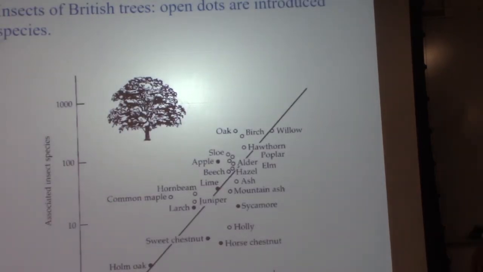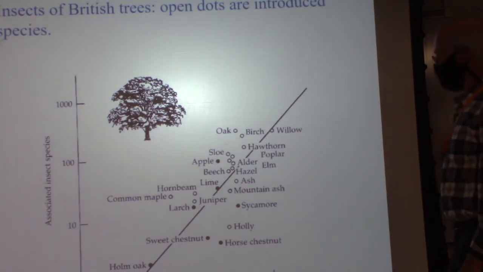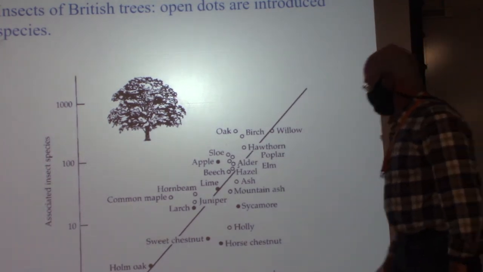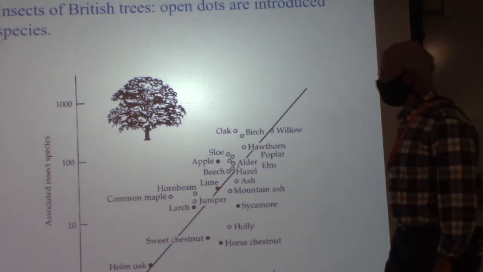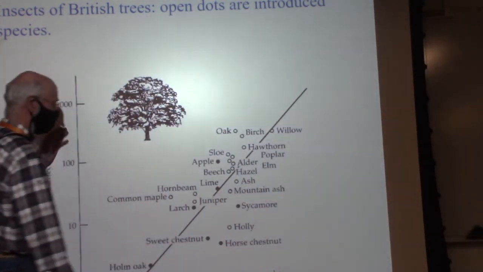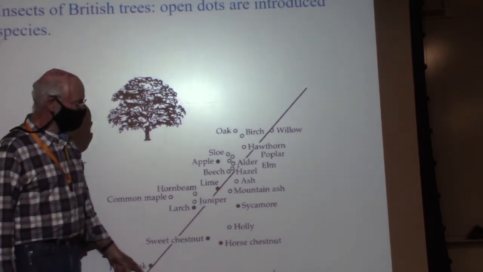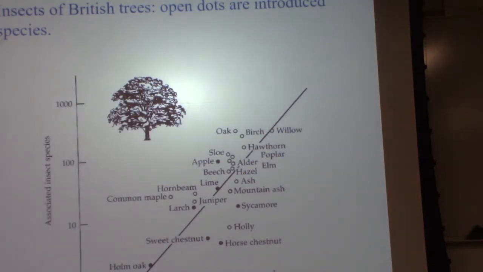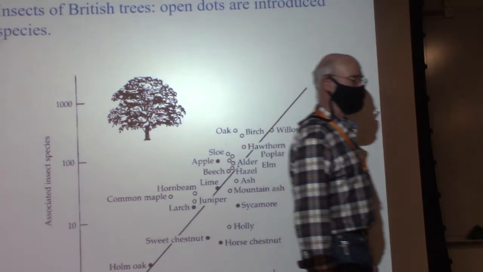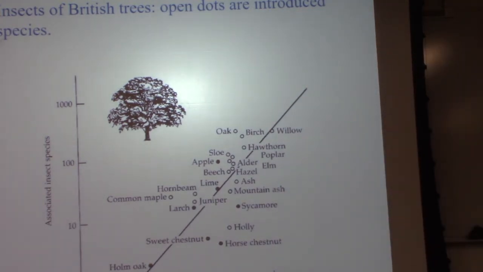Let's look at insects of British trees. This is the range of the host tree species, and this is the associated insect species. It's a linear relationship. As the number of available tree species increases, the number of insects increases as well.